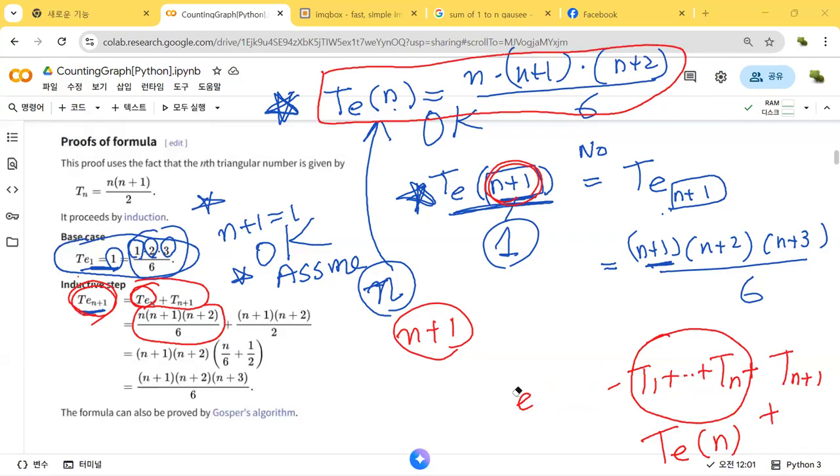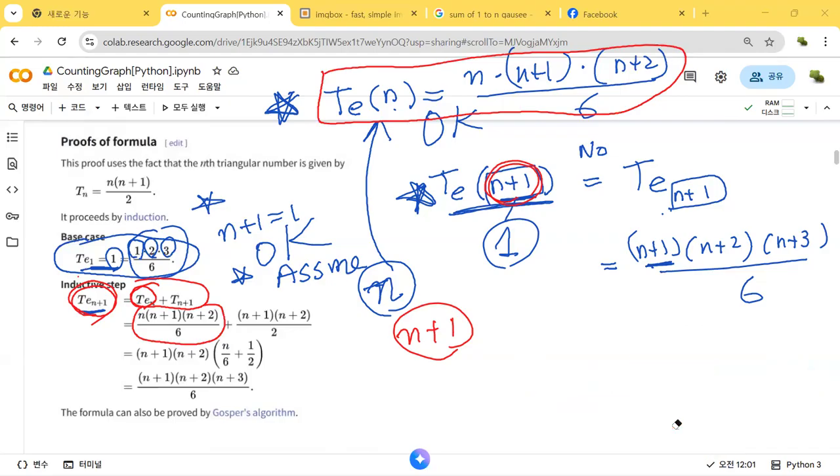And then what is the triangular number? But we know that, look at this. This is a triangular number. So we know Tn is n times n plus 1 over 2. So what is Tn plus 1?